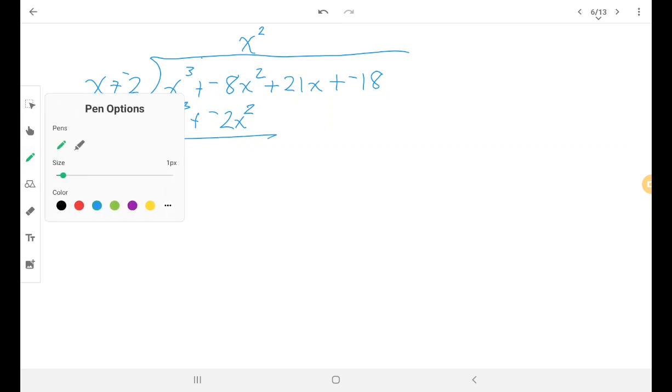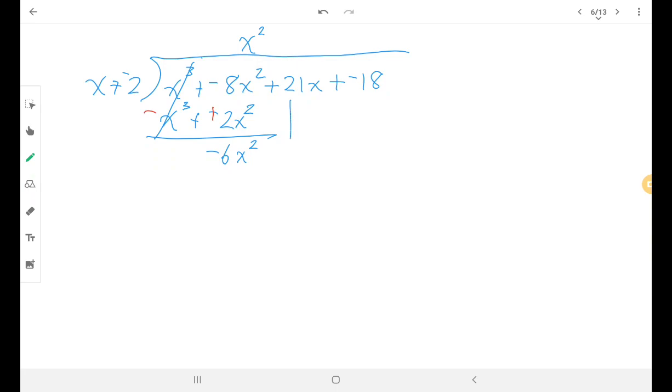Change the signs so that I am subtracting. These two cancel. And then negative 8x squared plus 2x squared is negative 6x squared. Bring down the plus 21x, put a plus, and start the game over again.